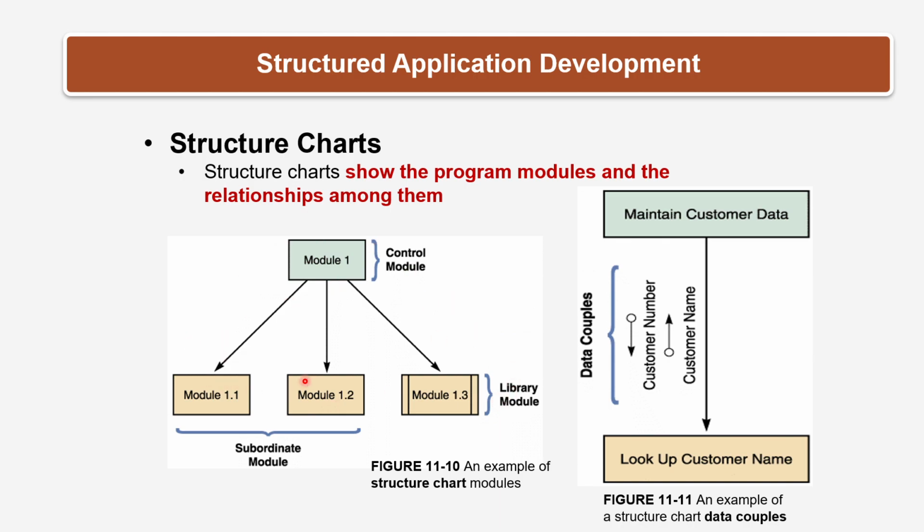in the chart. For the data couple, an arrow with an empty circle represents a data couple, which shows data that one module passes to another. This is the structure chart data couple.